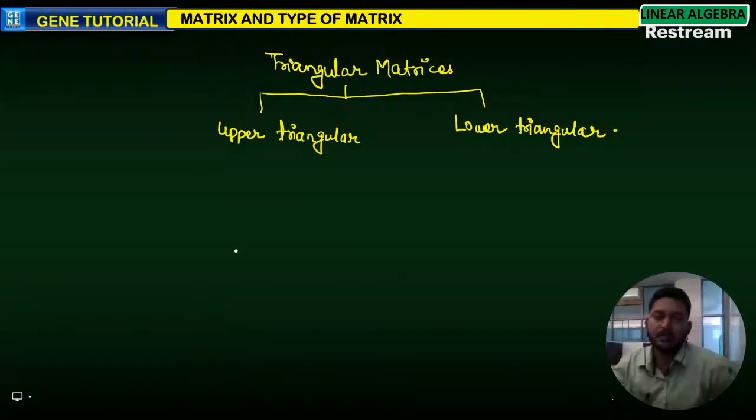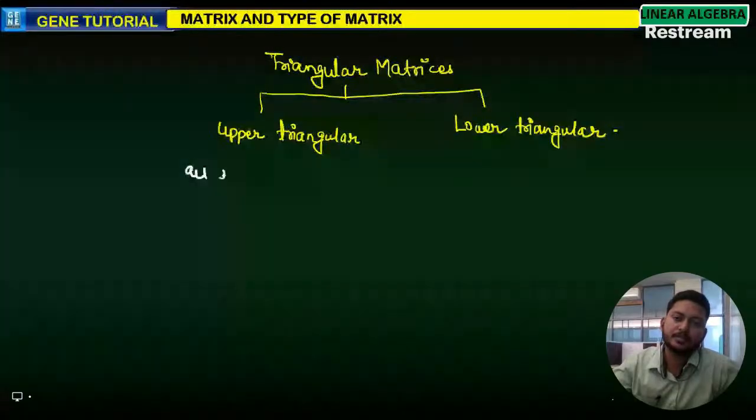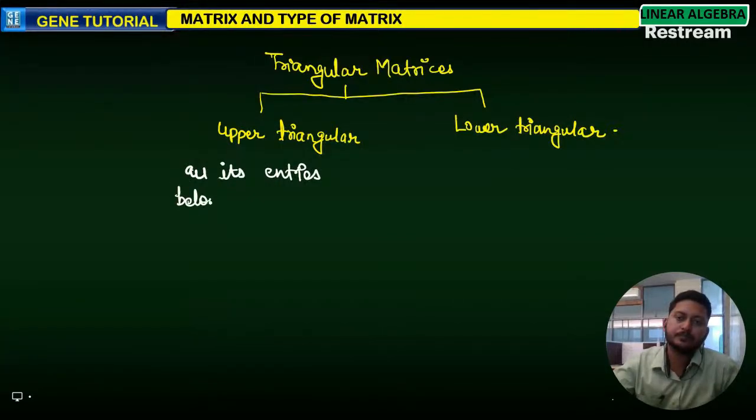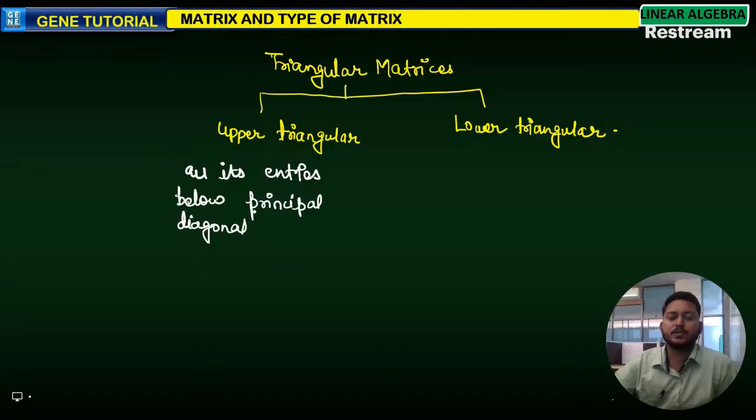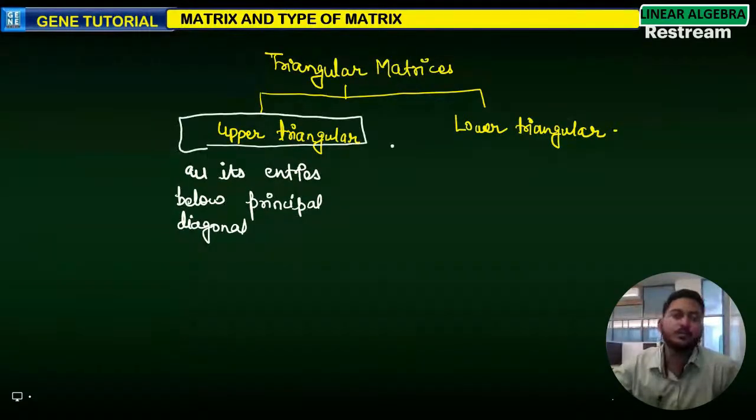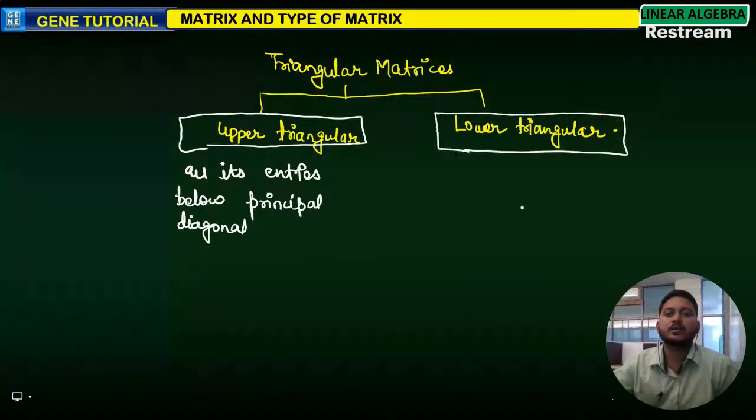So what is upper triangular? Upper triangular is nothing but a matrix where all its entries below the principal diagonal are zero. So we say it is an upper triangular matrix. And lower triangular is where all entries above the principal diagonal are zero.